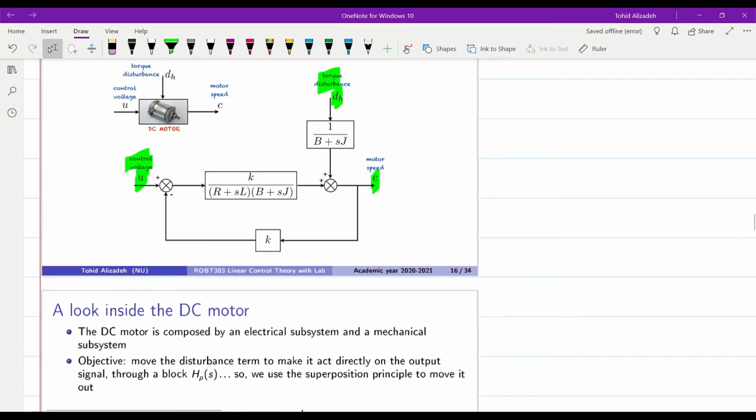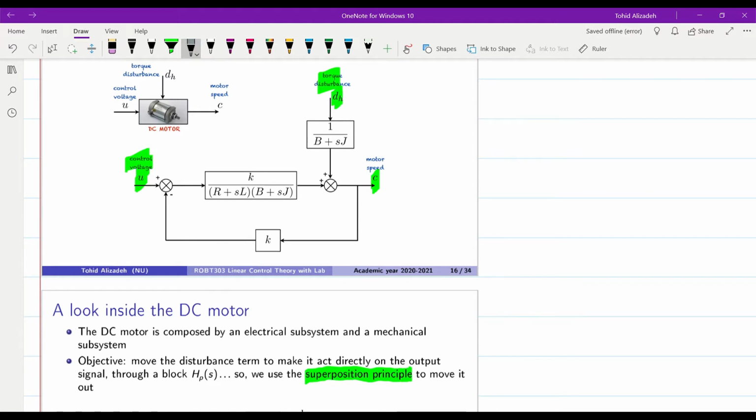So basically we are going to apply the superposition principle, which means that we take the effect of each input individually on the output and then find the transfer function for that.